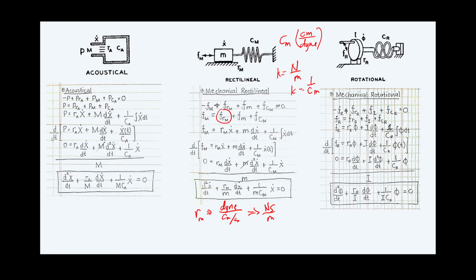If you try to cancel it out, Newton is kilogram meter per second squared, and then you have the S, and divide by M, you cancel, cancel.